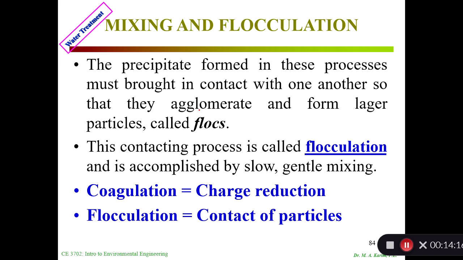Without contact, it's not going to happen. That's why mixing and flocculation go hand in hand. The particles that form are basically the floc. The contacting process is called flocculation. Coagulation is the main process, and flocculation is one of the mechanisms: particles come into contact with each other and combine to make a bigger floc. So coagulation is the charge reduction, I think we said that before, and flocculation is the contact of particles.